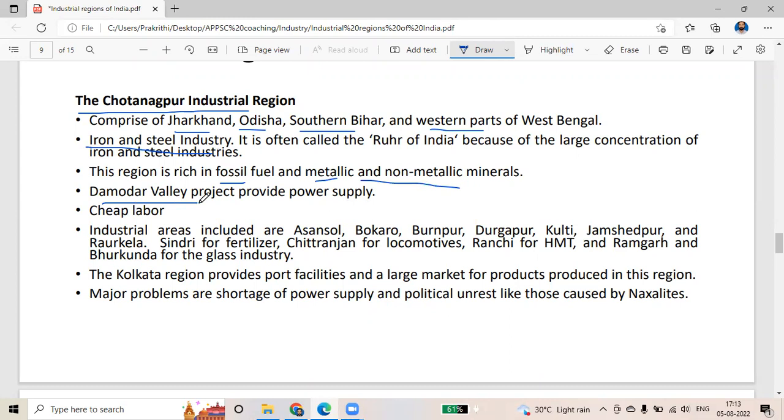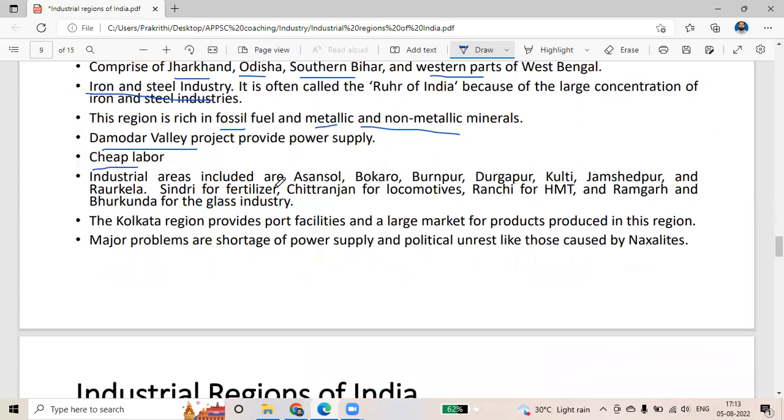The same power supply is being given in Chota Nagpur industrial region as well. तो झारखंड छत्तीसगढ़ रीजन में और एक चीज है, cheap labor मिलेगा, उतना skilled नहीं होगा, फिर भी you will get cheap labors. आसनसोल, बोकारो, बर्नपुर, दुर्गापुर, कुल्टी, जमशेदपुर, राउरकेला, these are the major industrial areas in this region.